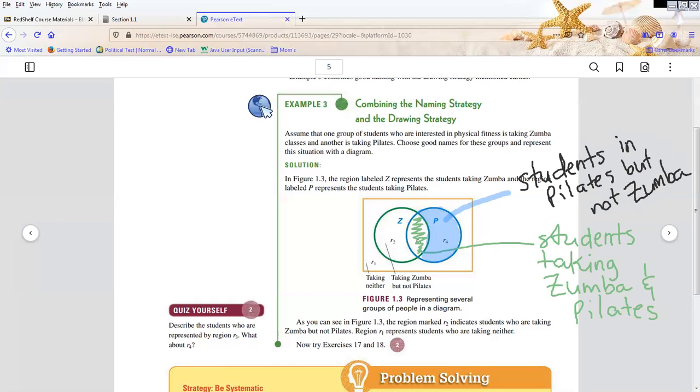This is an example of a Venn diagram. We'll see these more in chapter 2.